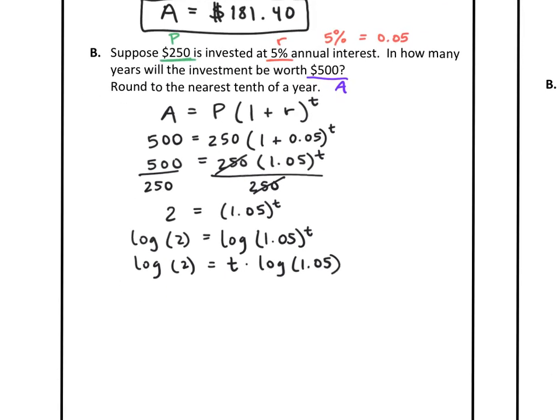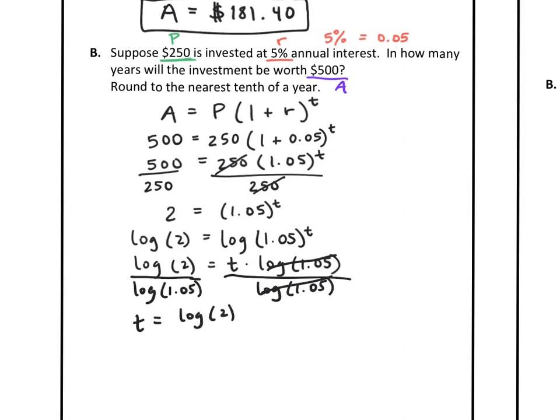All right. And then because I want to solve for t, I want to divide both sides by log of 1.05. This causes a cancellation of the logs on the right. And so t equals log of 2 divided by log of 1.05.